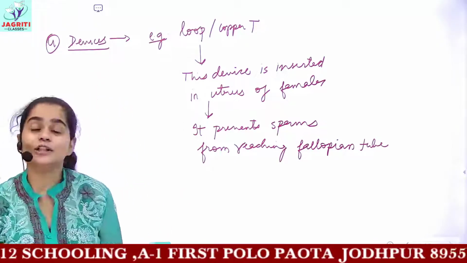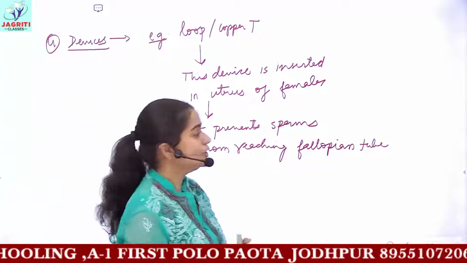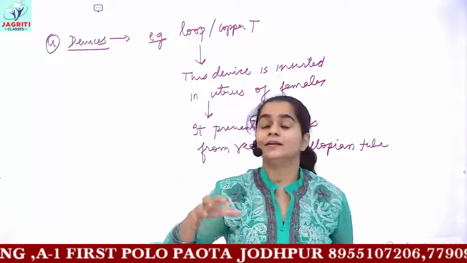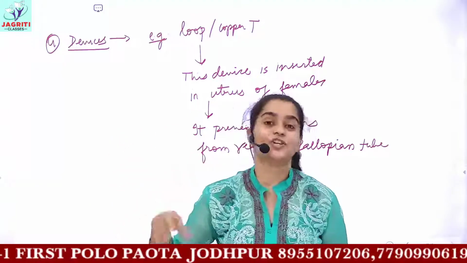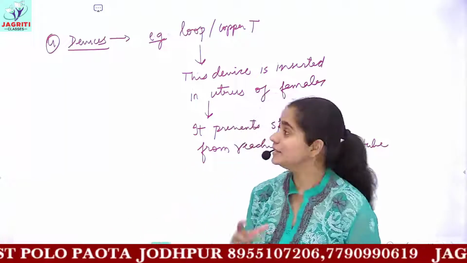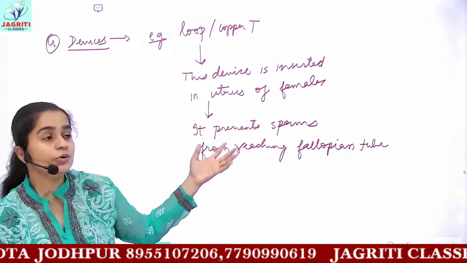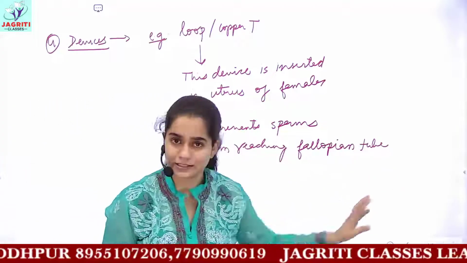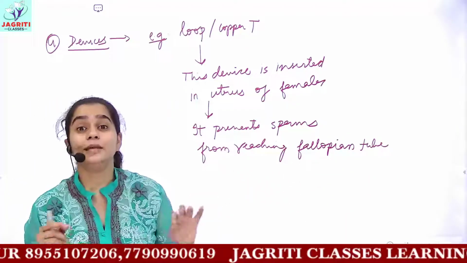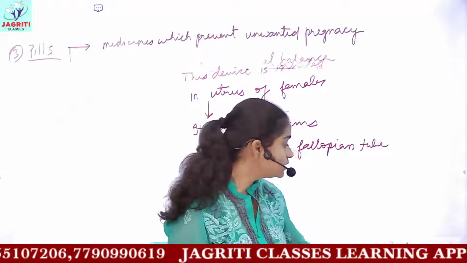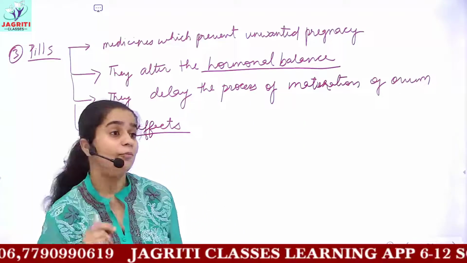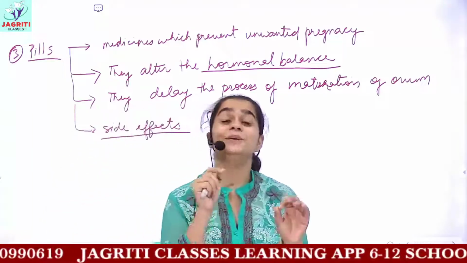So these are all the contraception methods which are required to prevent unwanted fertilization or unwanted pregnancies. By these methods, you can prevent any unwanted fertilization. But these are even being misused. The most important problem from the misuse of these methods is female feticide.